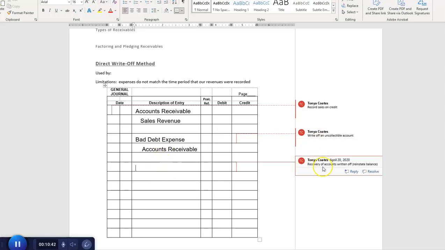That would be all that would happen unless the customer comes back and says, I can pay that. So what we would do is debit accounts receivable, and we would credit bad debt expense.